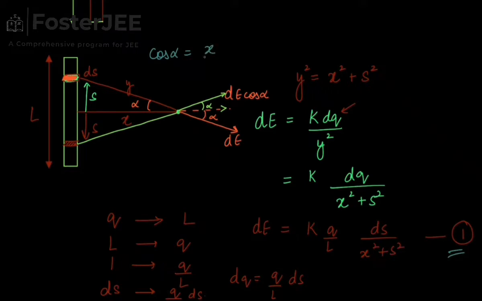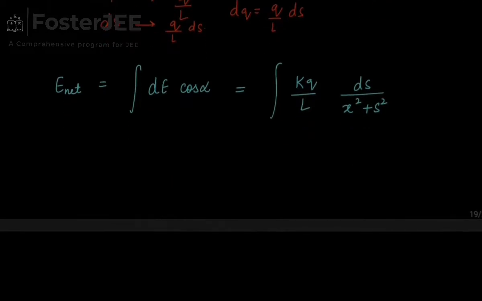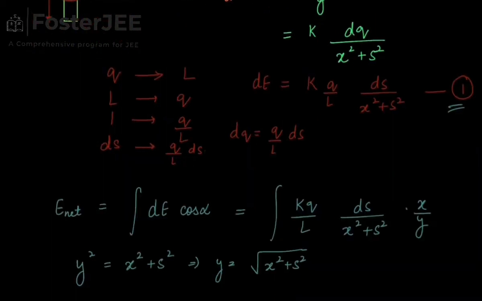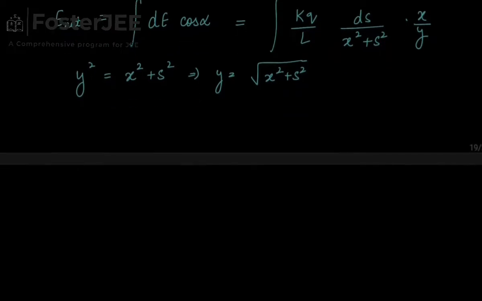So the base is x upon hypotenuse is y. So the value of cos alpha is x upon y. Further, the value of y becomes root over x square plus s square. Forget about the signs because we have considered it above, so no need to consider minus sign.